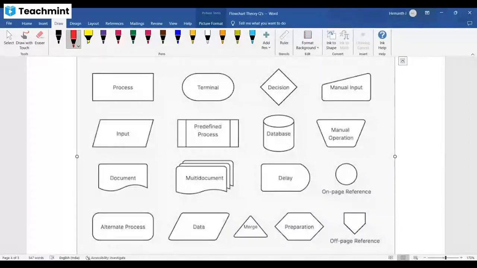You can see which symbol is for what purpose, and visualize it as well. Just go through those.